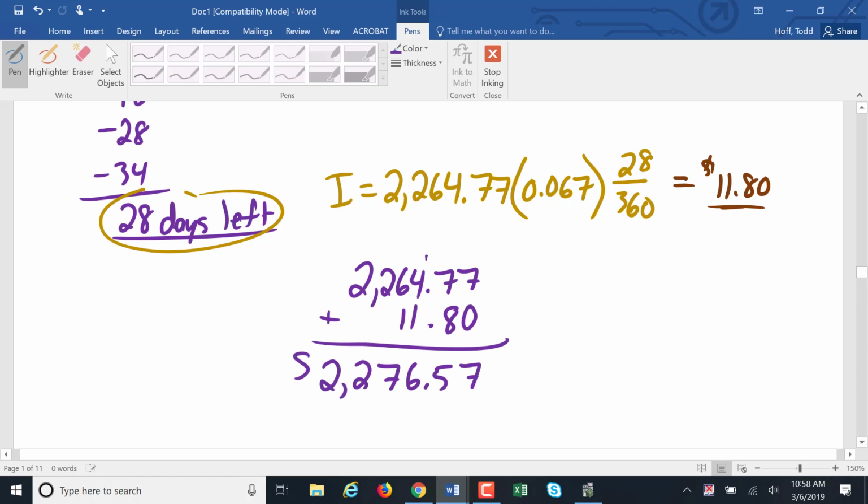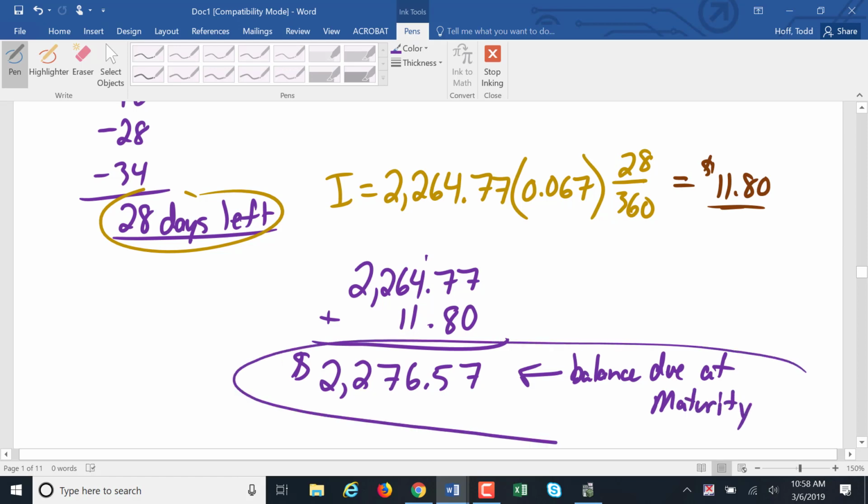So we get $2,276.57. Or sorry, that's the balance due at maturity. There isn't going to be a payment made here. It's due at maturity. That is the amount that must be paid on that end date.